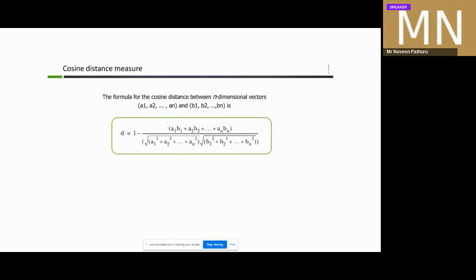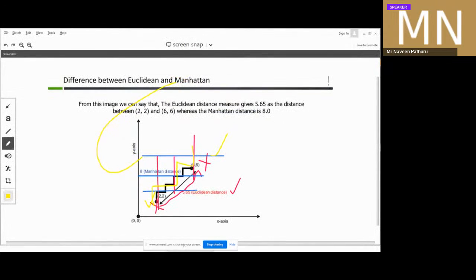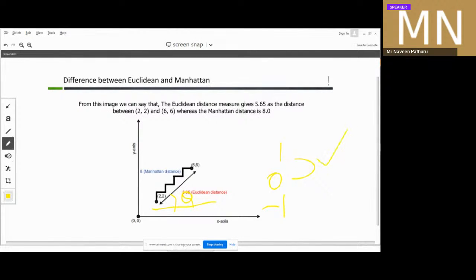More precisely, what cosine does is, if there are 2 points, it can calculate theta, the angle, and if you remember, cos 0 is 1, cos 90 is 0, cos 180 is minus 1. If it is between 0 and 1, it is positive correlation. If it is between 0 and minus 1, it is negative correlation.